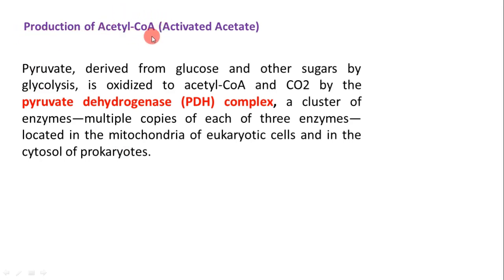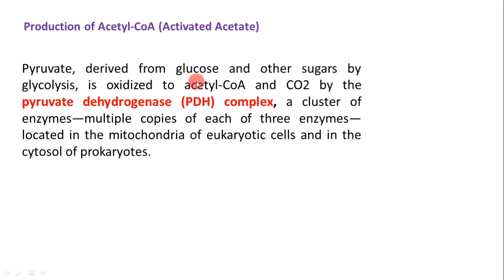Acetyl coenzyme A is the activated form of acetate, because when the acetyl group, or CH3CO group, is attached to coenzyme A, it gets a high energy bond and thereby is said to be activated acetate.